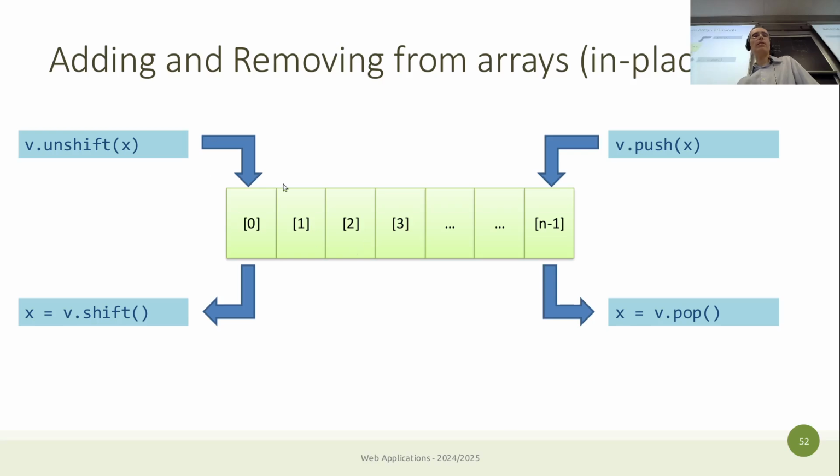Okay, that's just a drawing showing you that there are 4 functions, basically 4 methods, if you like, to manipulate arrays, adding and removing elements, okay, from the beginning or from the end of the array. Okay, in place, of course, they modify the array.